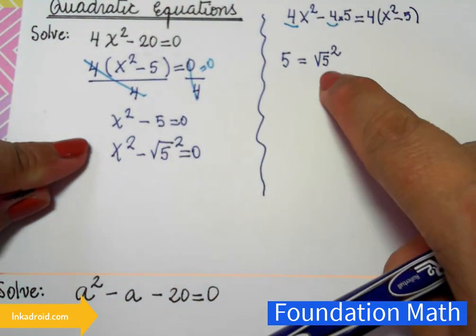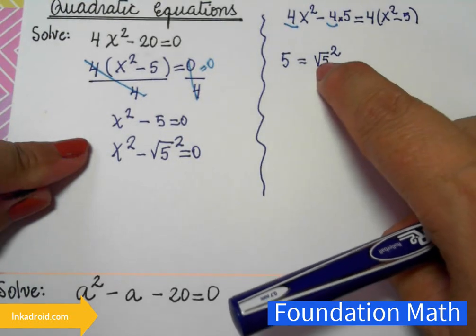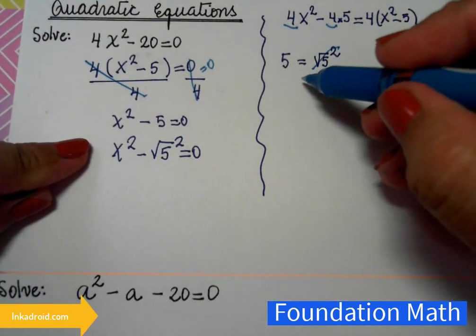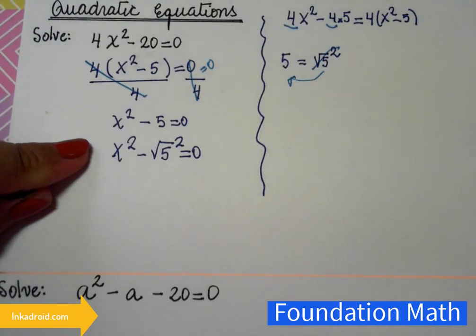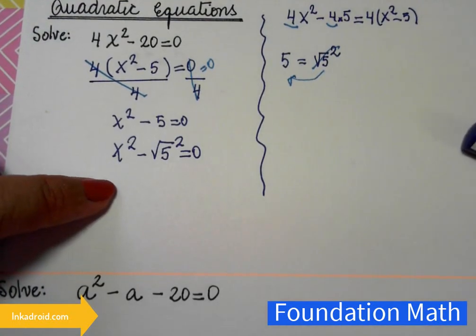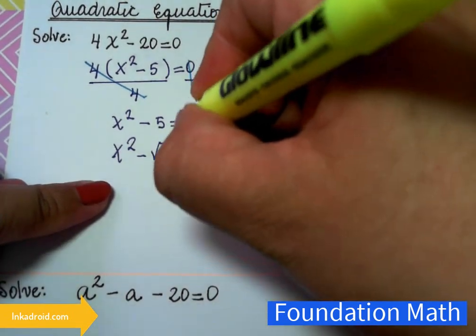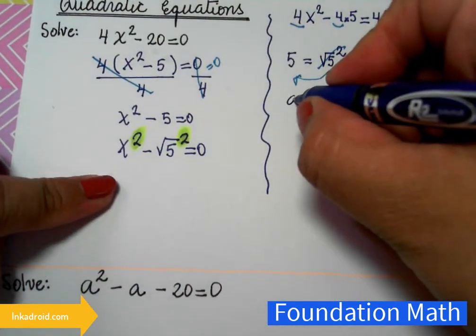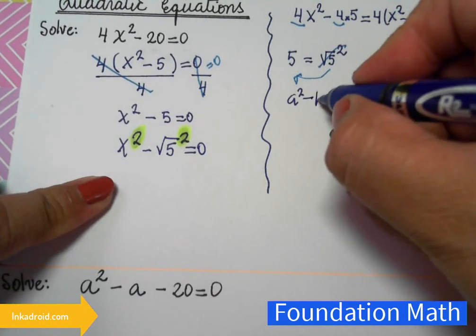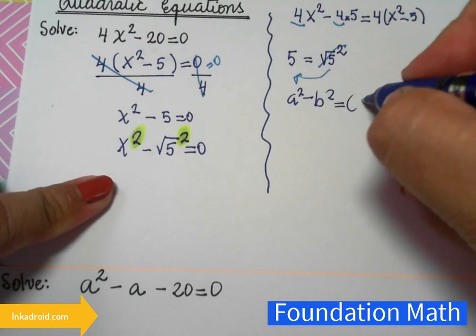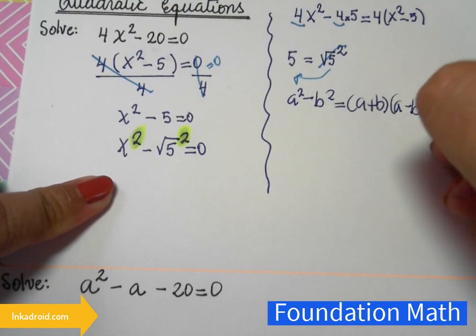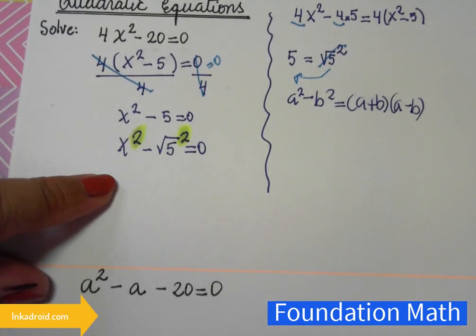Remember, the square root of 5 squared, when you operate this expression, you just cancel and you have 5. But I want you to observe a difference of squares, because the rule says a squared minus b squared is equal to a plus b times a minus b. So now you can do the factorization here.